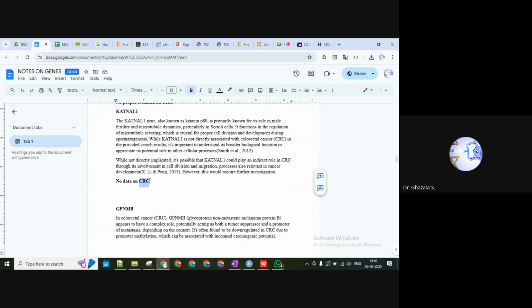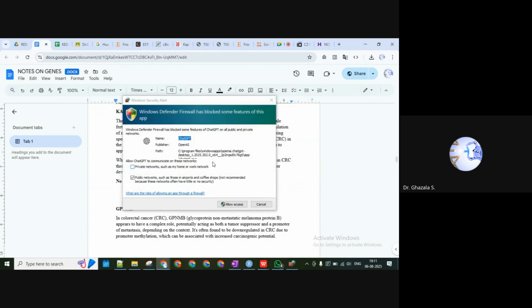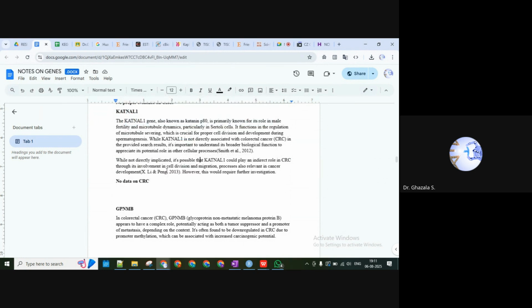The problem is where they are mentioning it, just a minute. While not directly implicated, it's possible that it could play an indirect role in CRC through its involvement in cell division and migration.